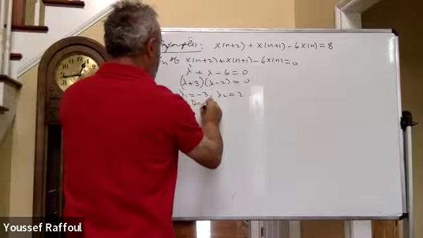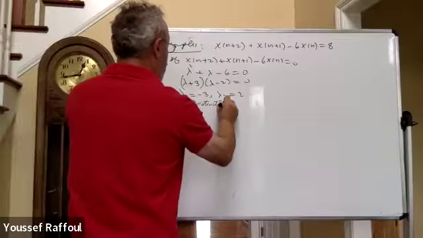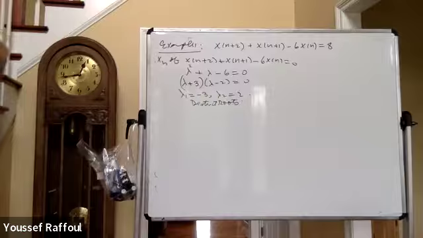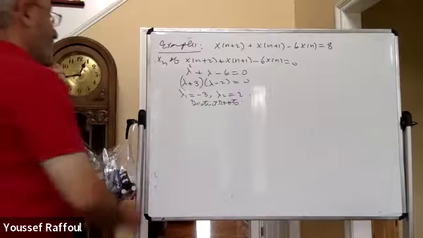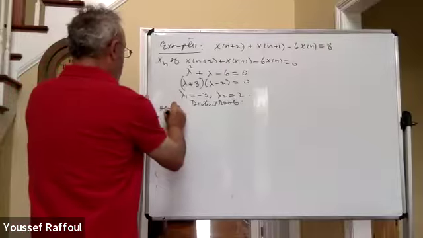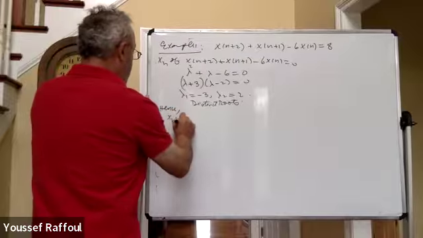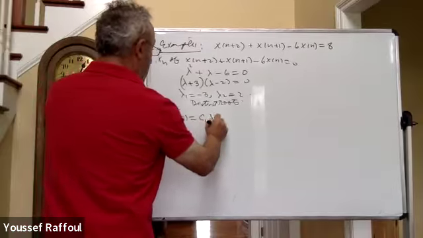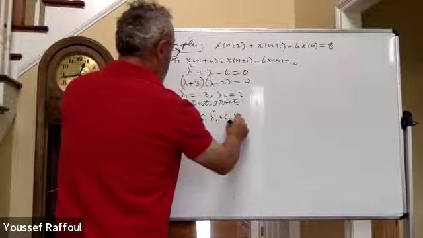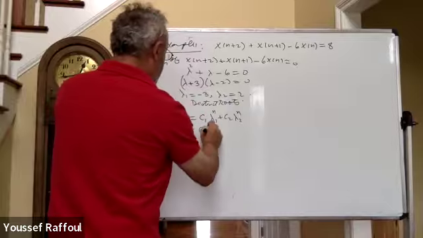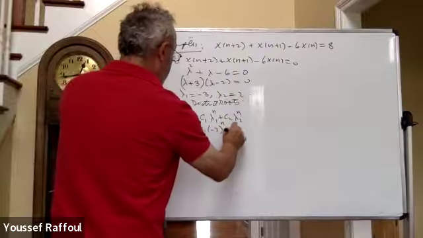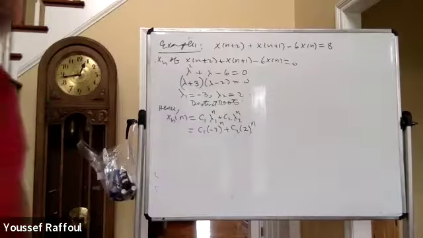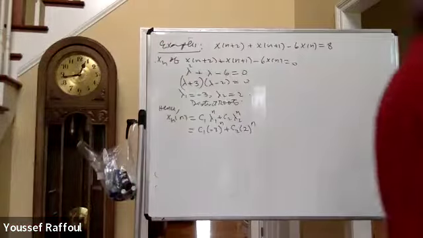So these are distinct roots. Hence x_h of n is c1 lambda 1 to the n plus c2 lambda 2 to the n, that is c1 times minus 3 to the power n plus c2 times 2 to the power n. So we found x_h based on what we learned yesterday.